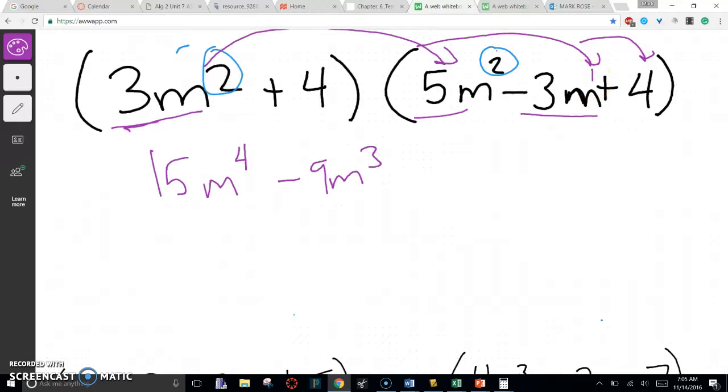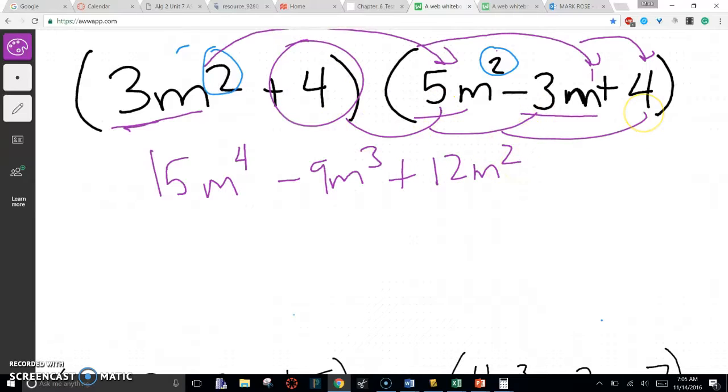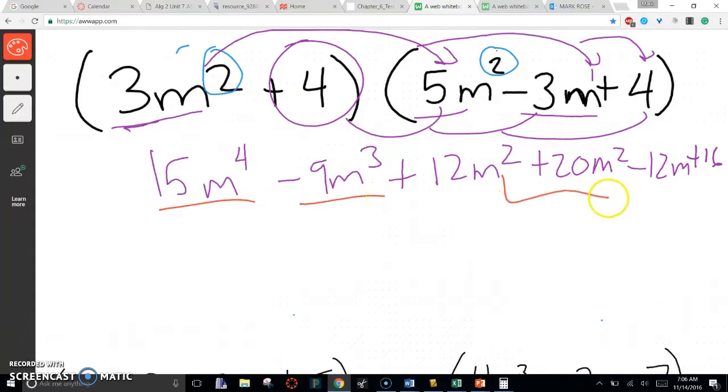3m squared times 4 would be plus 12m squared. Now we do the same thing with the 4, and I'm going to move a little bit faster this time. That would be plus 20m squared minus 12m plus 16. And the nice part is you just combine like terms. This doesn't have a like term, this doesn't have a like term.